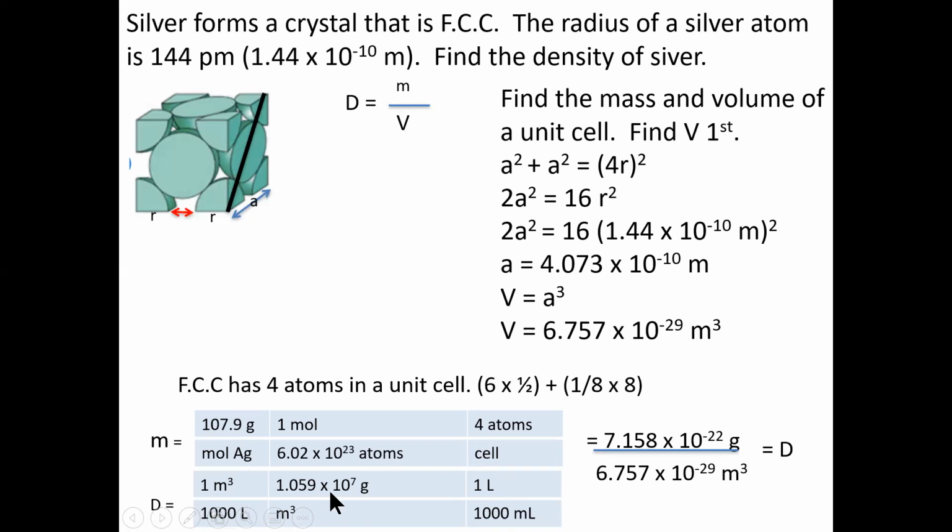So we take our density and divide it by 1,000, divide it by 1,000. And we end up with 10.6 grams per milliliter for the density of this silver crystal.